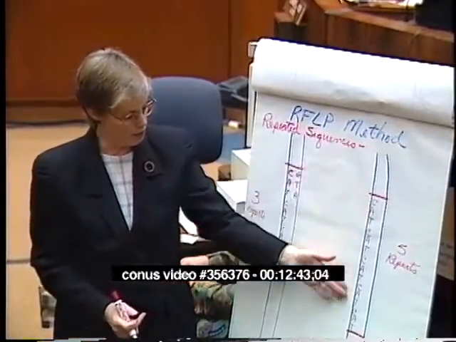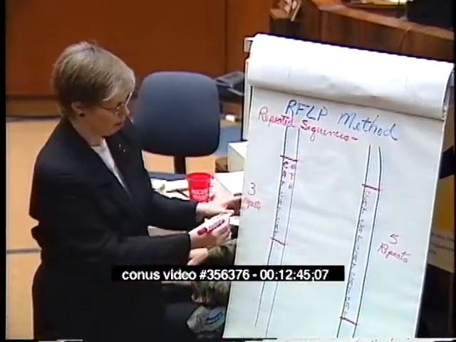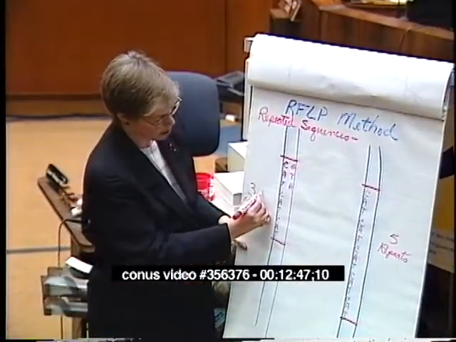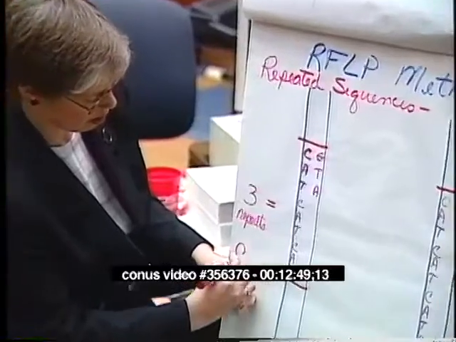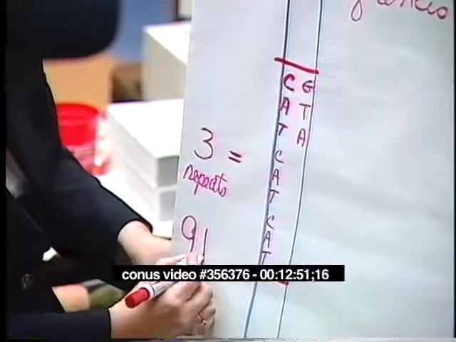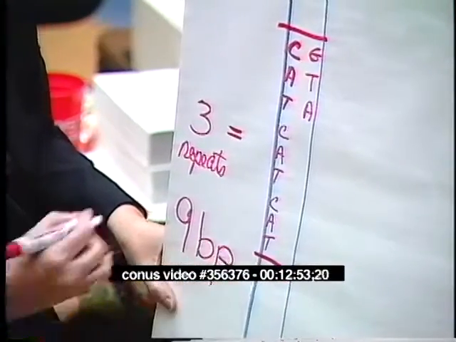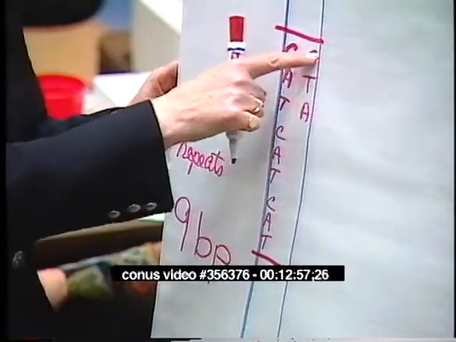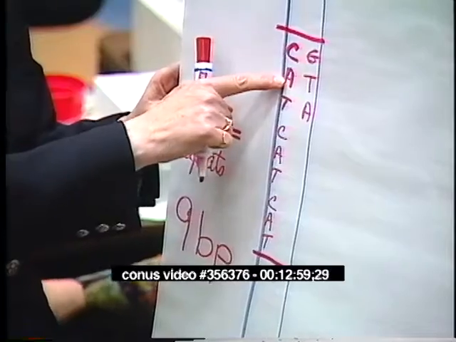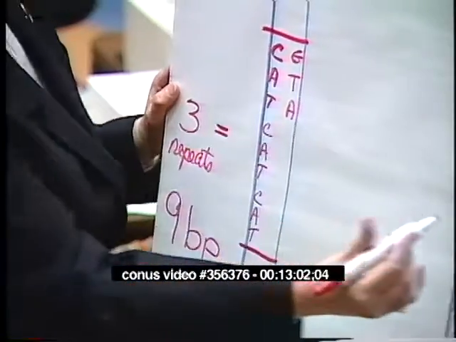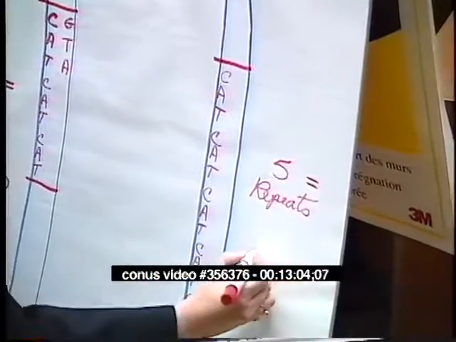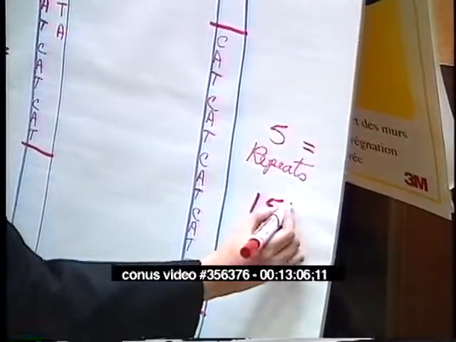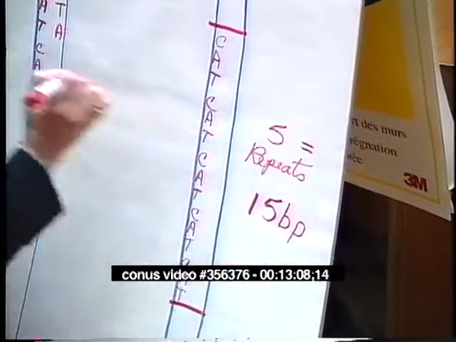And for their other chromosome, we'd have a section that was 15 base pairs long. So this one becomes 9, and I'm going to use the abbreviation BP to stand for base pairs, base pairs being the G C or the A T pairs. And over here, our 5 repeats is equal to 15 base pairs.